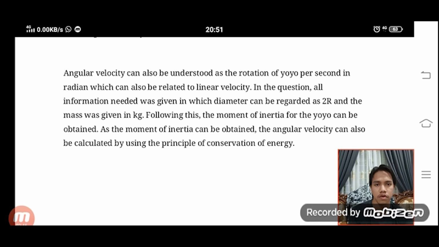In the question just now, all the information needed was given: the diameter, which can be regarded as 2r, and the mass was given in kilograms. By following this given information, the moment of inertia for the yo-yo can be obtained, and as the moment of inertia can be obtained, the angular velocity can also be calculated by using the principle of conservation of energy.